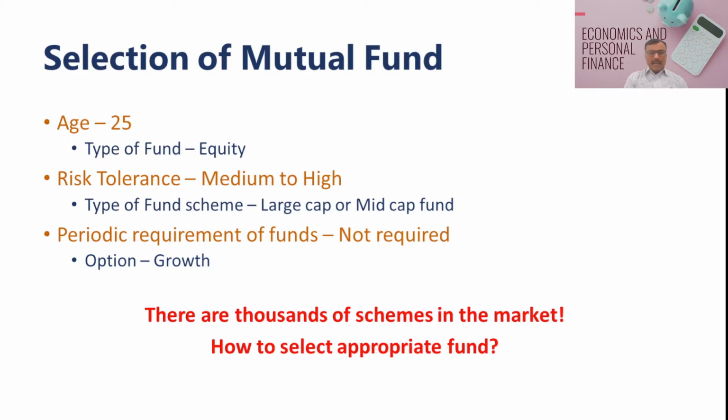Within the large cap and mid cap fund category, specifically focusing on the growth option, the market offers 50 different schemes. However, the question remains, how does one navigate through these choices to select the most appropriate scheme for the investment?